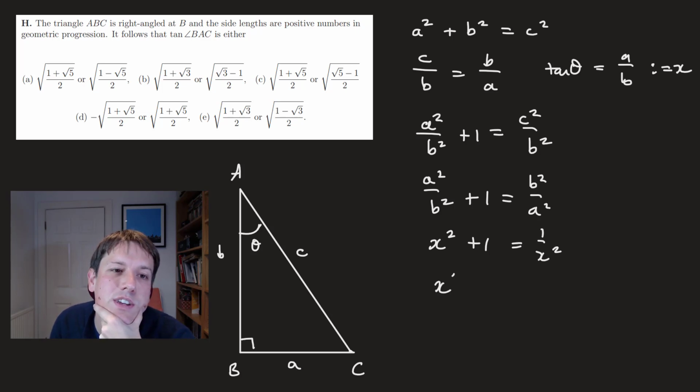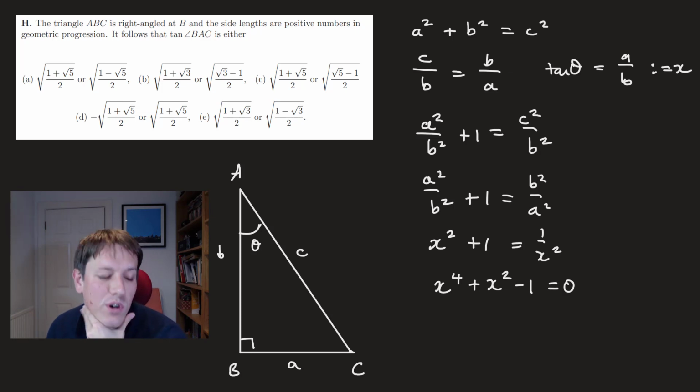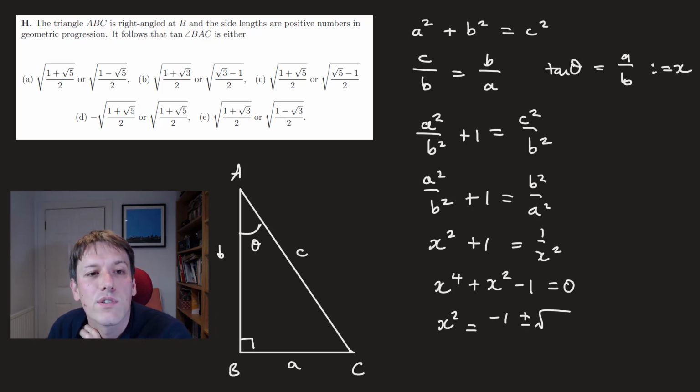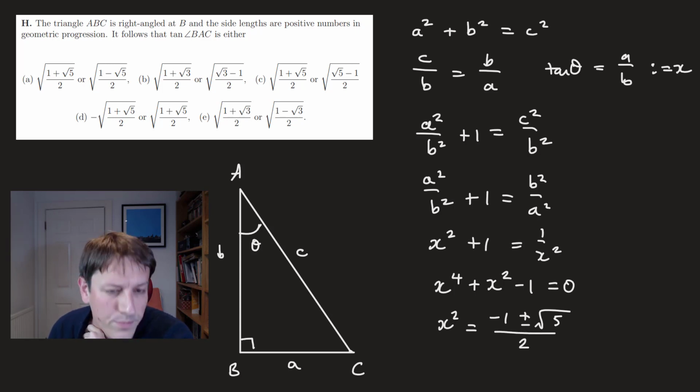Okay, so I get the equation x to the 4 plus x squared minus 1 equals 0, and then we can just see this as a disguised quadratic, and then use the quadratic formula. So x squared here is minus 1 plus or minus the square root of b squared is 1 minus 4, so plus or minus the square root of 5 over 2.